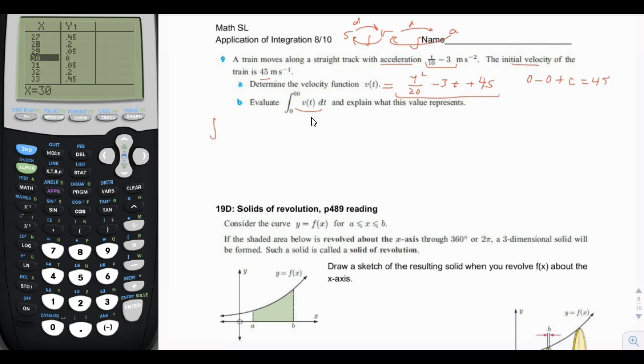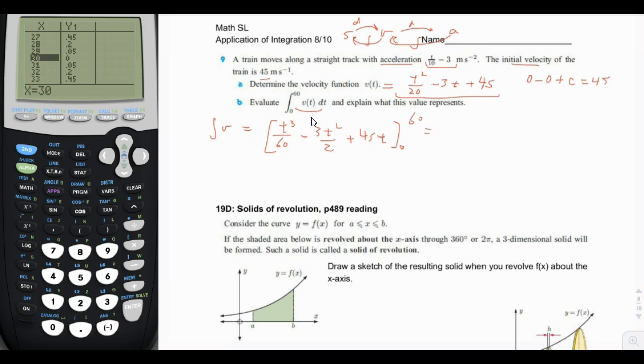So let's take the integral of the velocity function, and we're going to get t cubed over 60 minus 3t squared over 2 plus 45t, and we're going to evaluate that from 0 to 60.